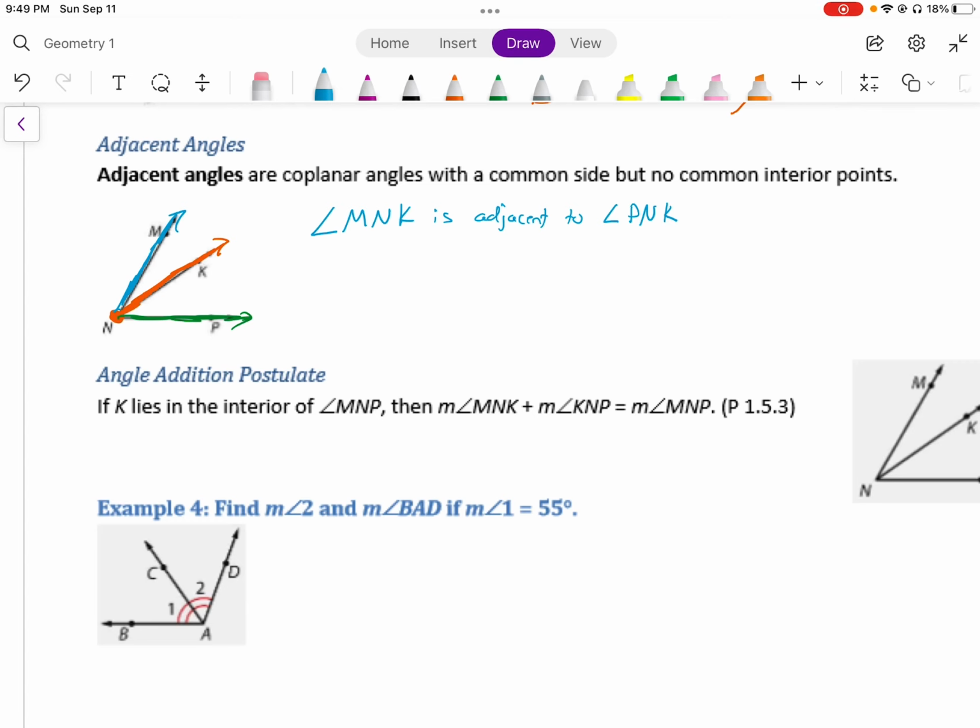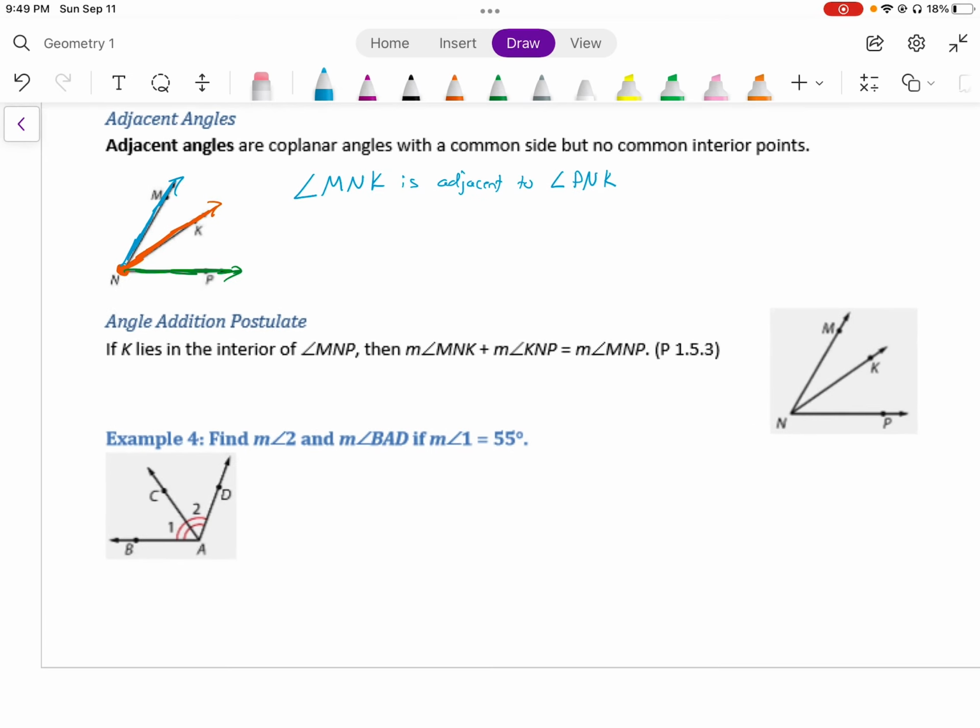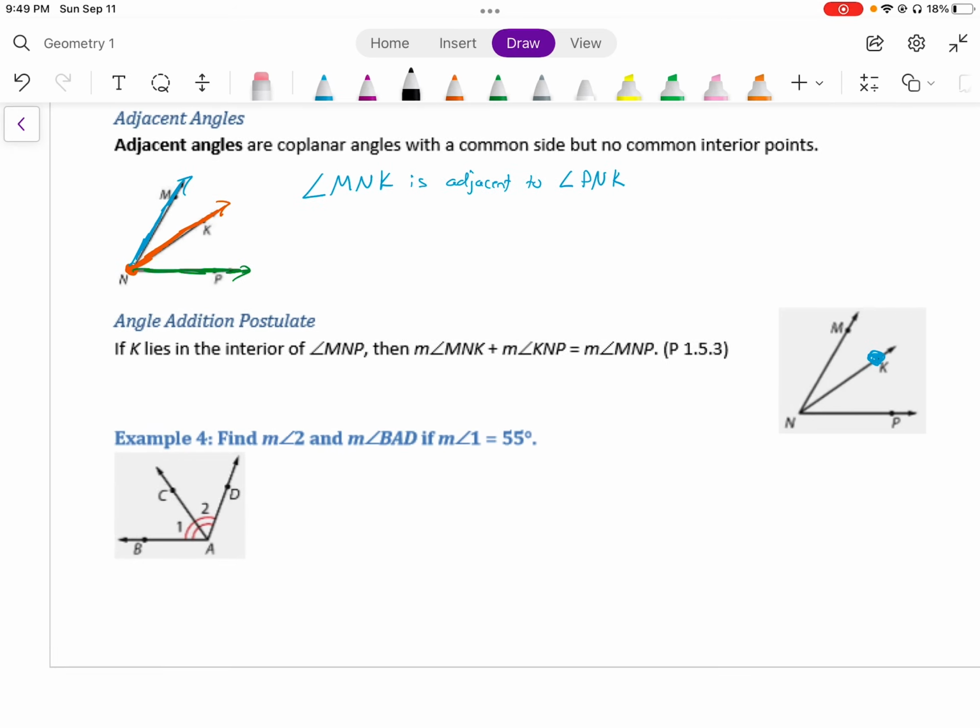All right, the angle addition postulate is actually very similar to our definition of between. If K lies on the interior of angle MNP, all right, here's point K. It lies somewhere on the interior of angle MNP.